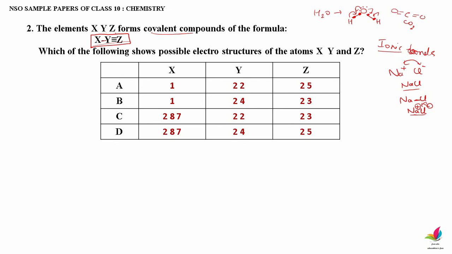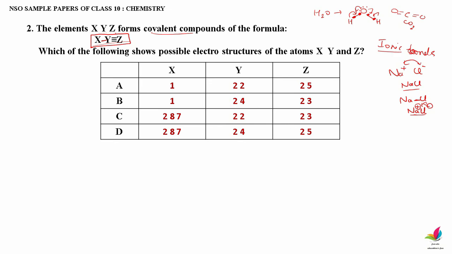An ionic bond is just an imaginary, hypothetical bond, which you should remember. Now this compound, XYZ, forms a covalent compound, that is, the bonds are due to mutual sharing of electrons. So what you need to find is which of the following shows possible electron structures of the atoms XYZ.